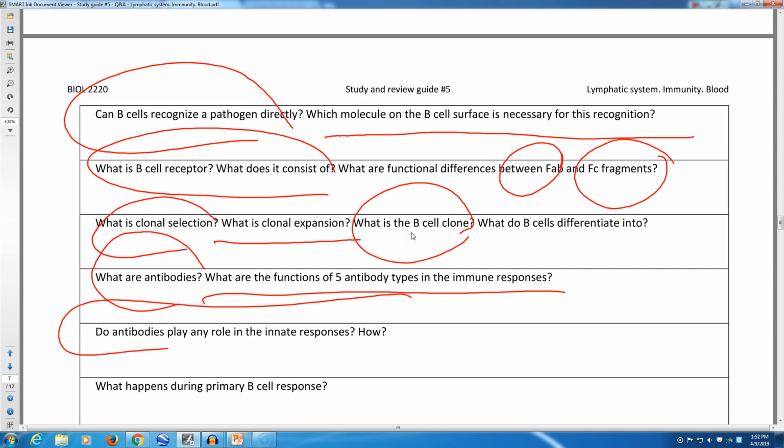Do antibodies play any role in the innate responses? Obviously, if it's followed by the question how, the answer is yes, they do. Two things. First, they can activate complement by the classical pathway. And remember, we talked about opsonization. Complement proteins can opsonize, and antibodies can opsonize as well.